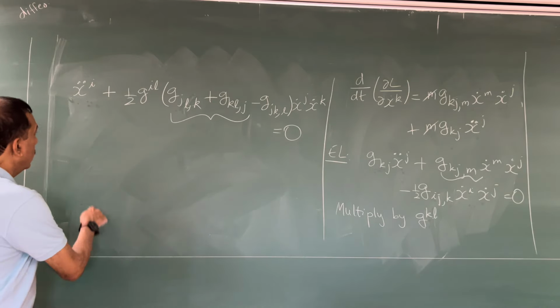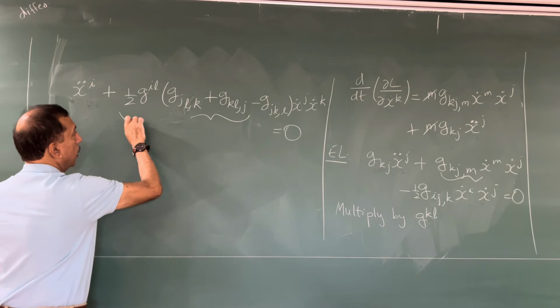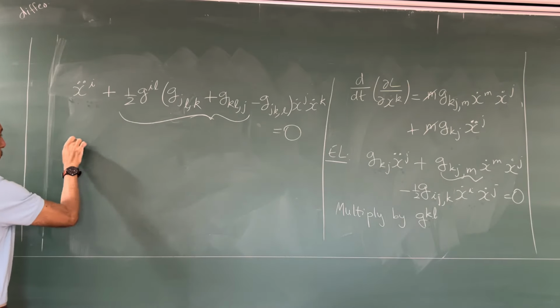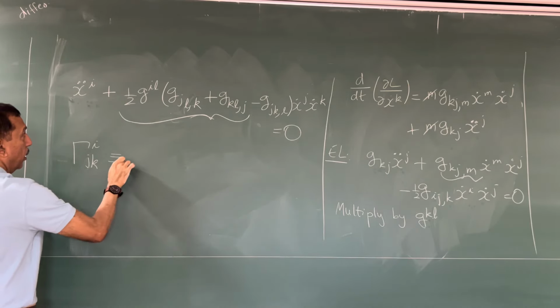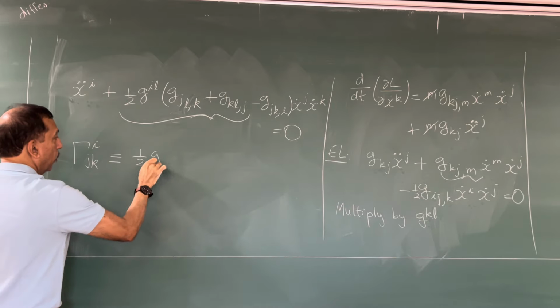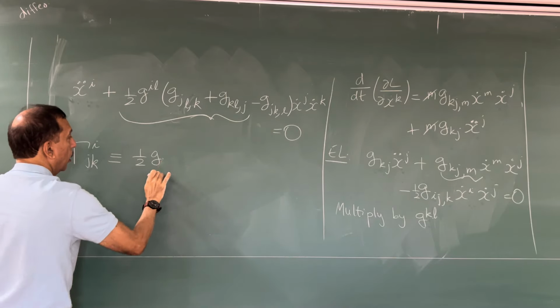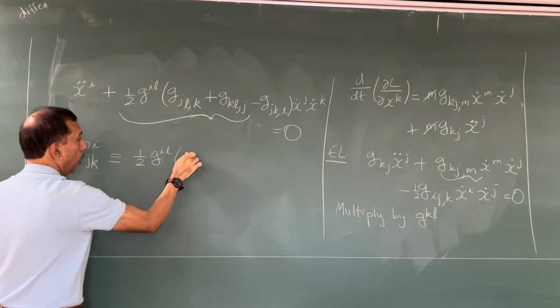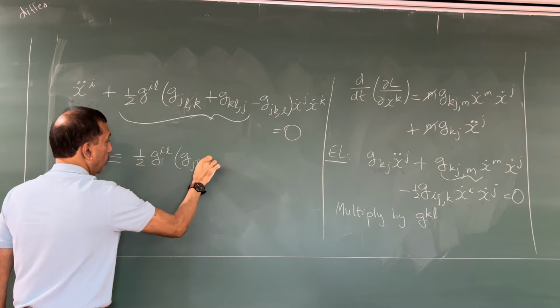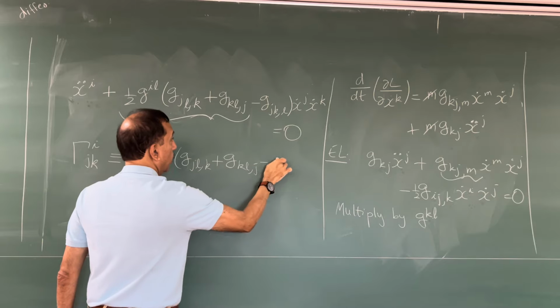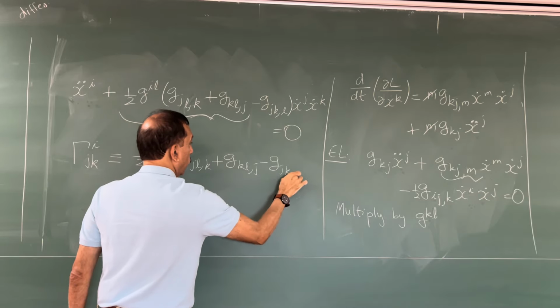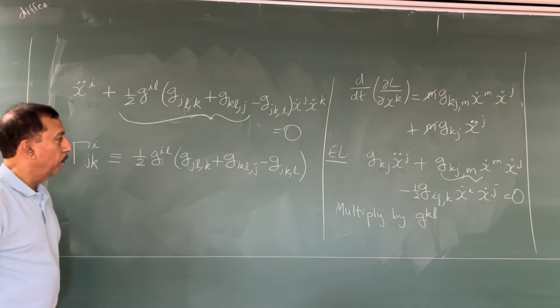And now we simply give a name to this whole thing. Capital gamma^i_jk is defined to be half g^il (g_jl comma k plus g_kl comma j minus g_jk comma l), just this stuff.